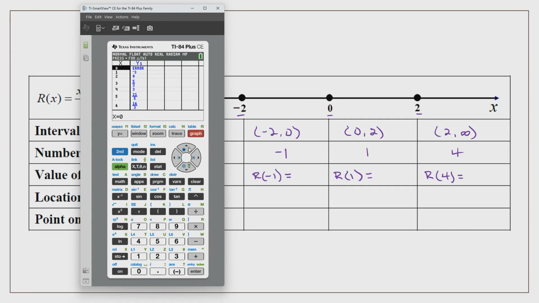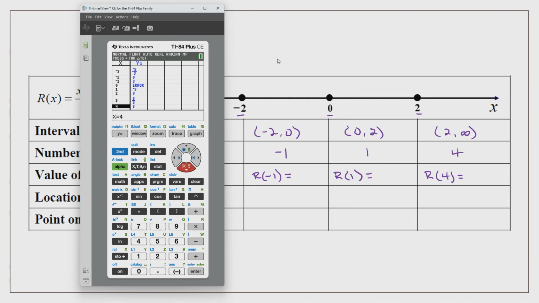I'm going to need -4, -1, 1, and 4. Notice that 0 was eliminated from our domain, and our calculator confirms that, because we have a vertical asymptote when x equals 0. So that was nice to see that our calculation for that was correct.